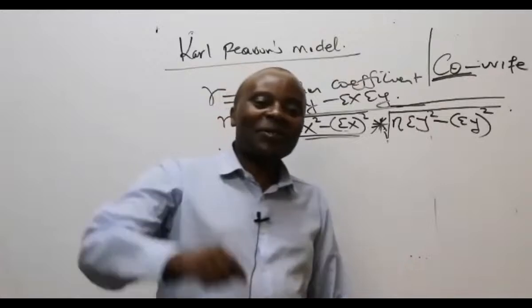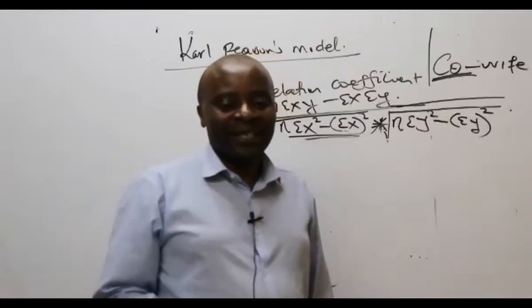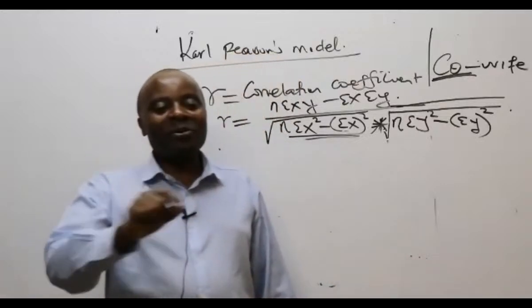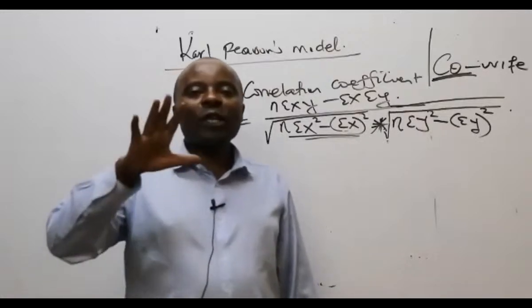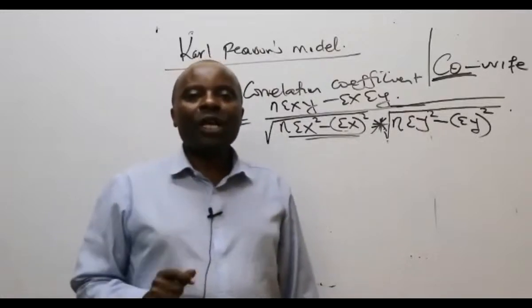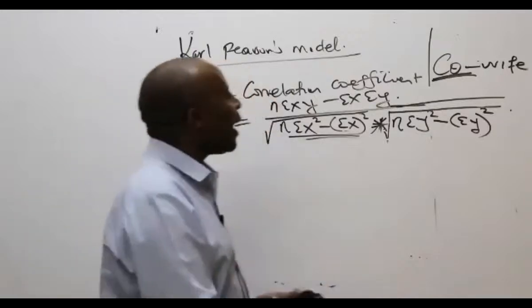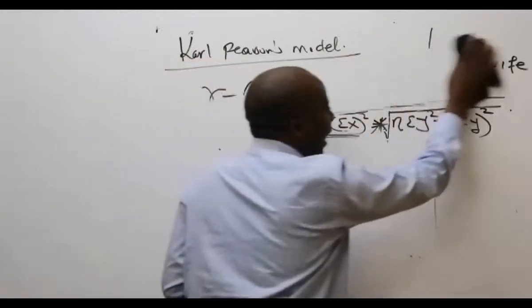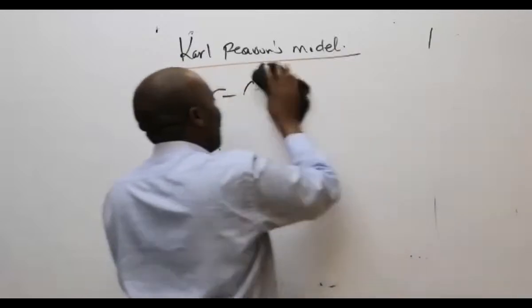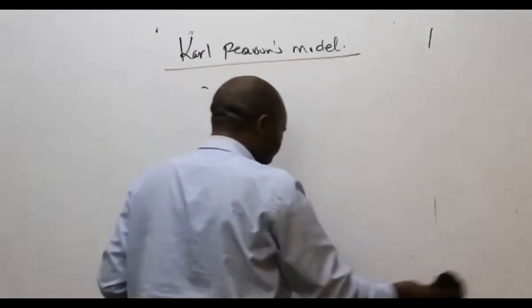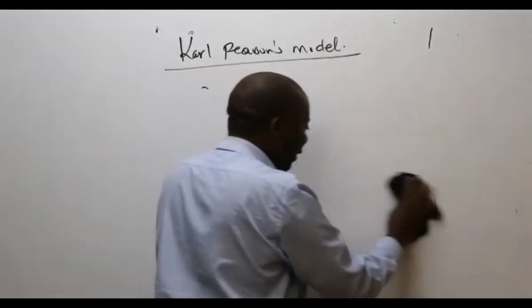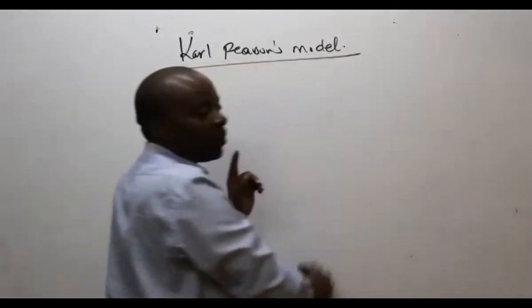So is there somebody who has gone to the back of their books? On a blank page, I would want somebody to take a step of faith and try writing down the formula of R. If you're able to get it correctly without struggling, without referring to where you had written it, then, ladies and gentlemen, you're a brilliant student.